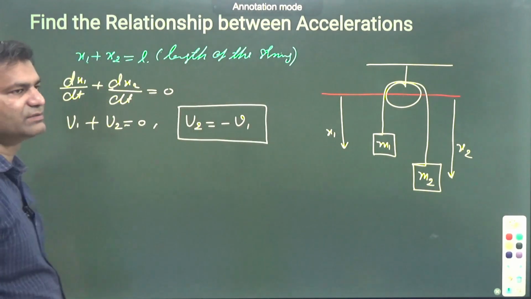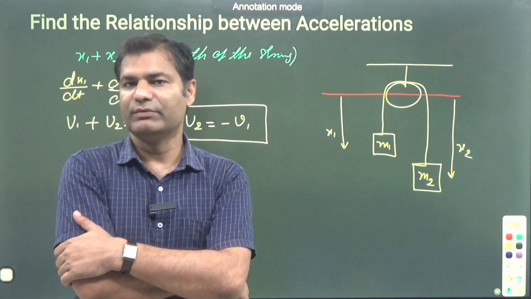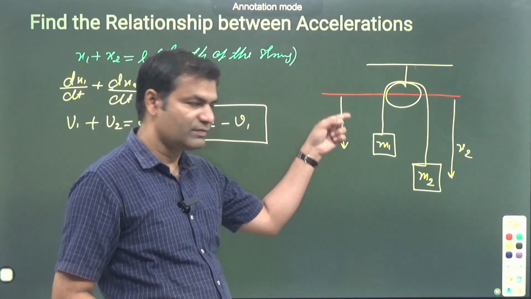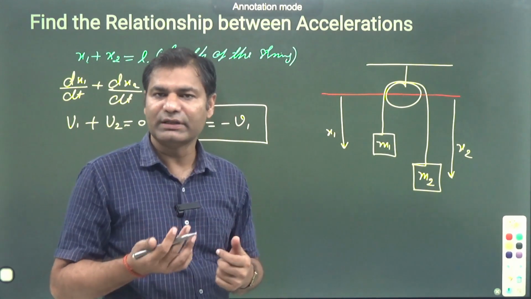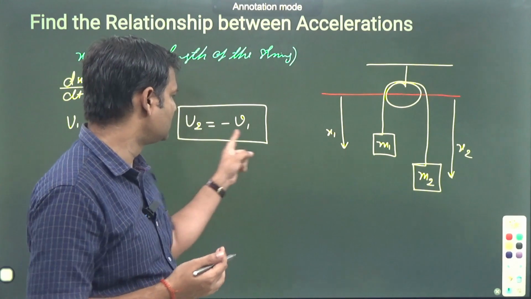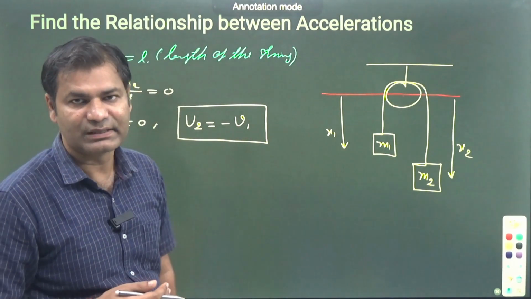v2 is minus v1, which means v1 and v2 are in opposite directions but have the same magnitude.